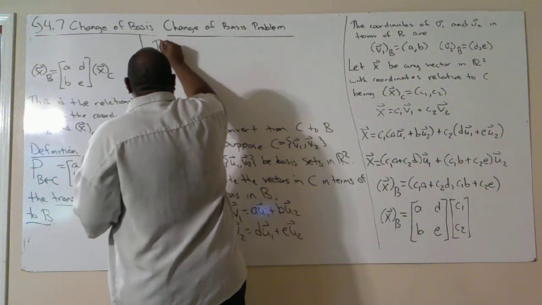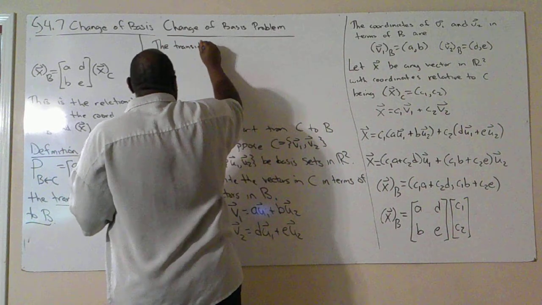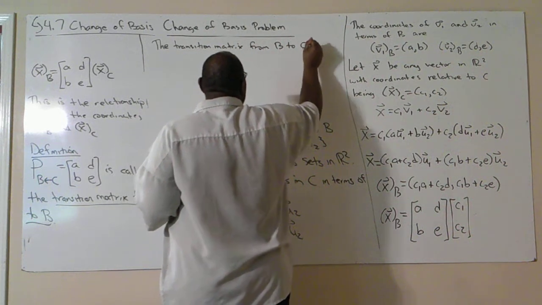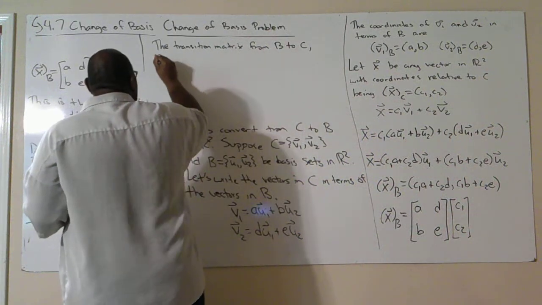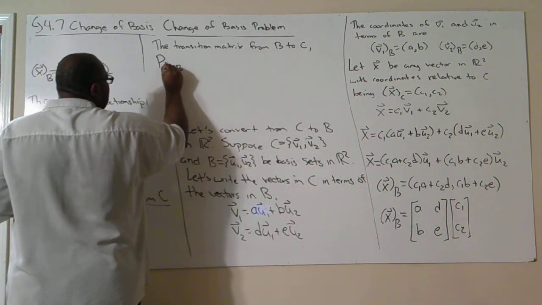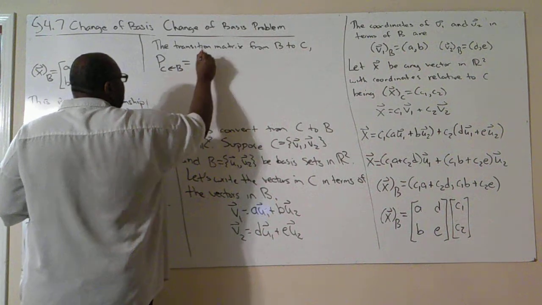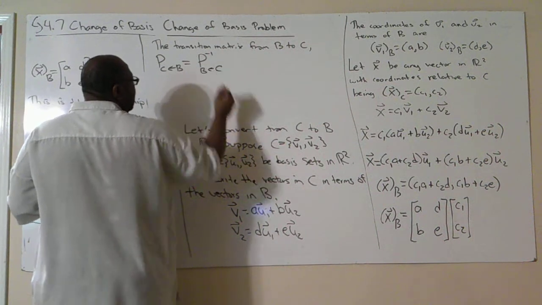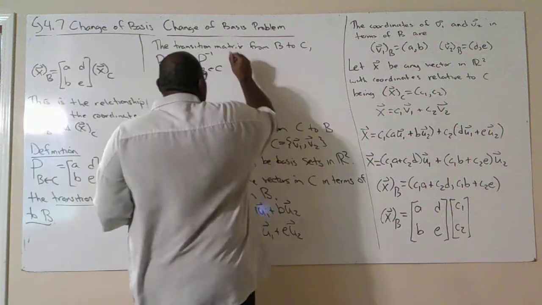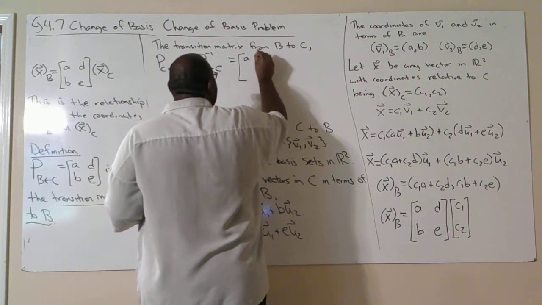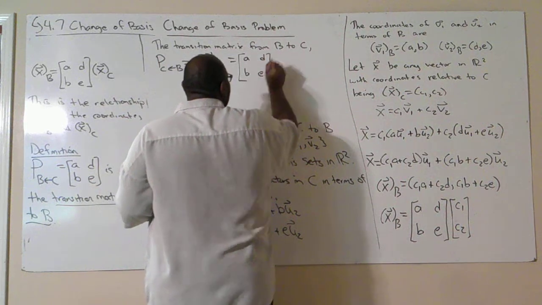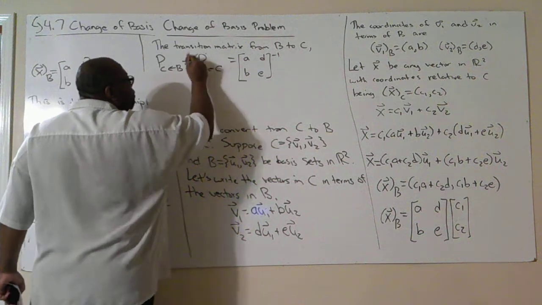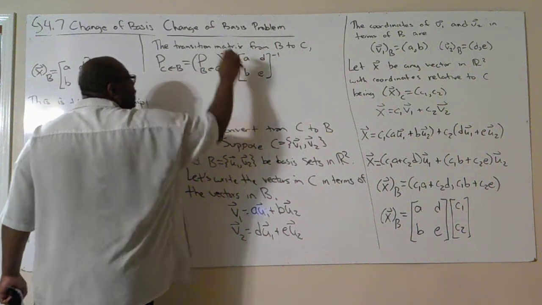So the transition matrix from B to C is going to be denoted with P from B to C, and it is equal to the inverse of the transition matrix from C to B. So you'd be looking at the inverse in this 2x2 case, A, D, B, E, inverse. Let me do it the way I have it in my notes. Put the inverse like that.